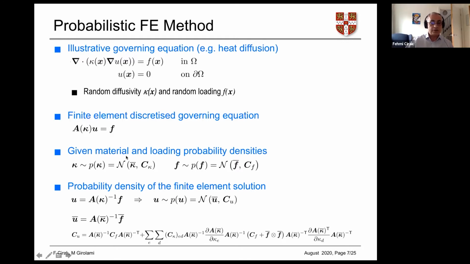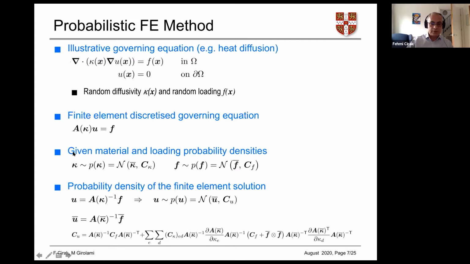Now, as mentioned, our diffusion coefficient and the loading are random. Usually, in engineering, we know the mean of the diffusion coefficient, which is kappa bar. In addition to that, we also know about the statistics of this field, like the standard deviation, correlation length, and so on. So these are given.